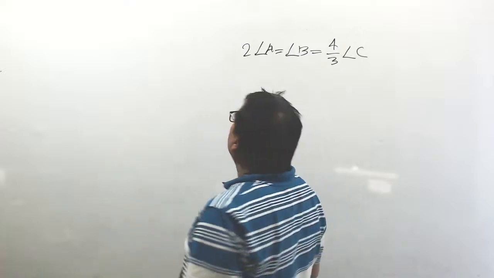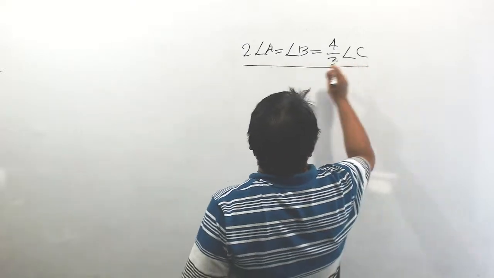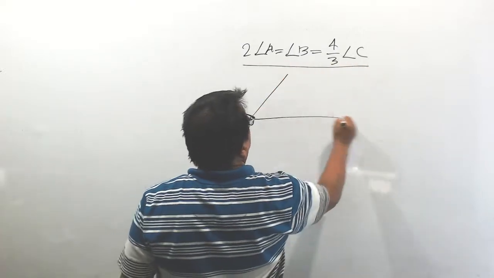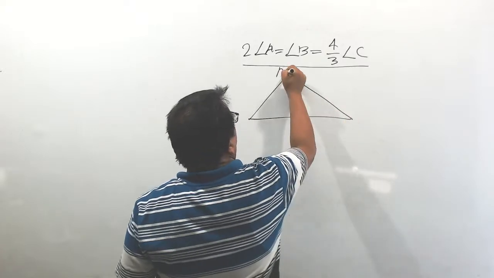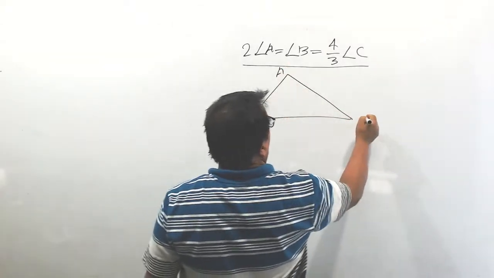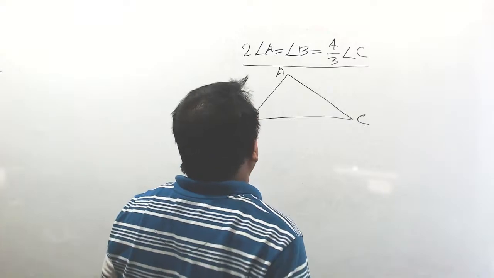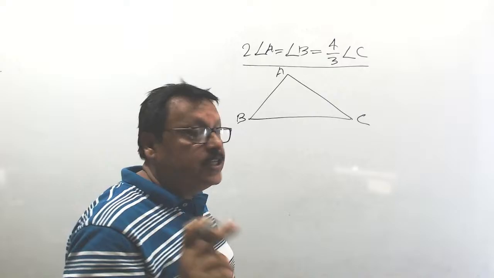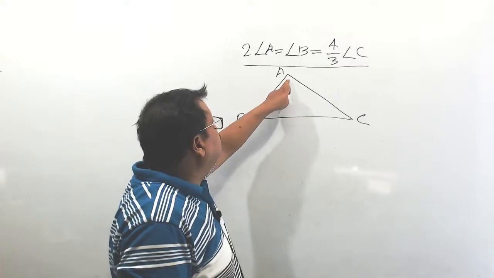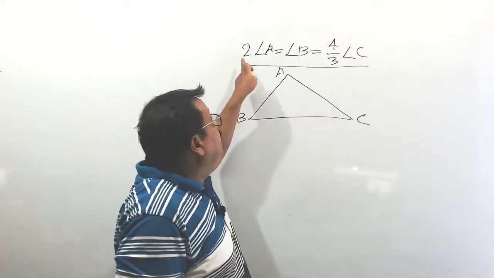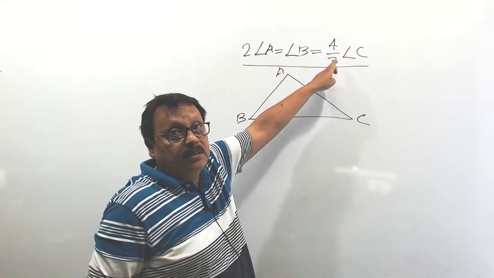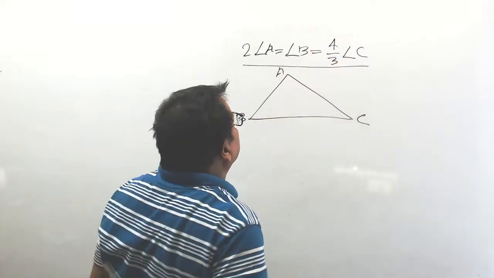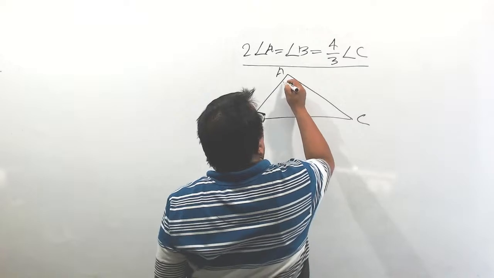That is, this condition is given for a triangle ABC. Draw a triangle, say it is A, B and C, right? Now the relation between the values of the three angles is given by this. How will you find the values?